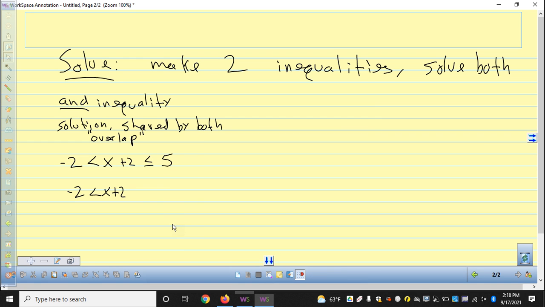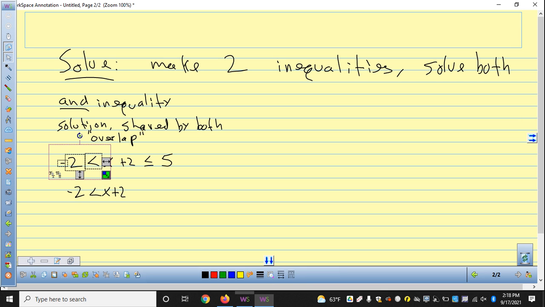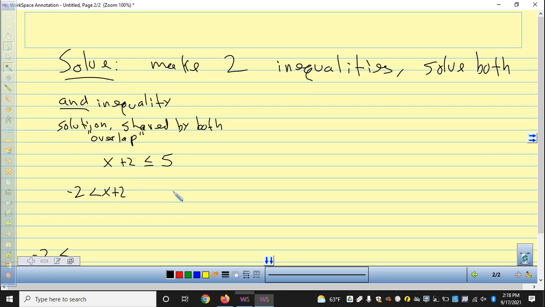And for the second inequality, I'm thinking of taking this part and ignoring that. So the second inequality is x plus 2 less than or equal to 5.